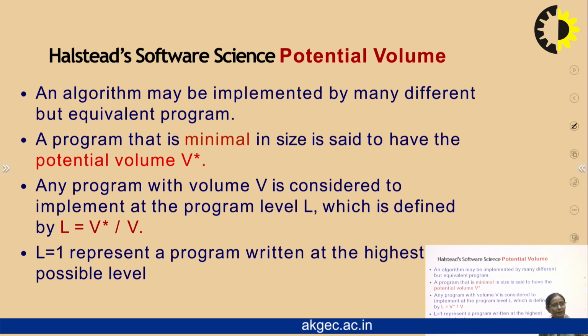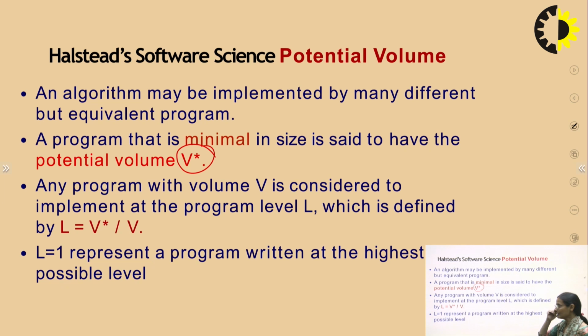A program that is minimal in size is said to have the potential volume, and it is shown with the help of V asterisk. Any program with volume V is considered to implement at the program level L, which is defined by this formula for program level. If the value of L is 1, then it represents a program written at the highest possible level.